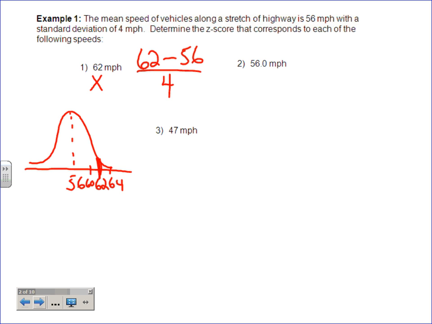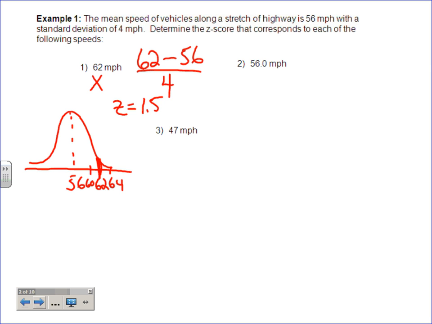Of course, you take 62 minus 56, and you divide it by 4, and surprisingly, we get a z-score of 1.5. Now, does that mean in every single problem from here on out, if you see 62, it's 1.5 standard deviations from the mean? No, it could be 10 standard deviations from the mean in some other problem. It just happens in this problem, 62 is 1.5 standard deviations from that mean of 56, because the standard deviation is just 4.